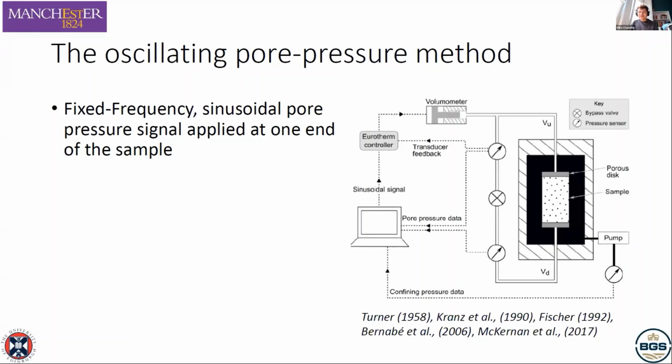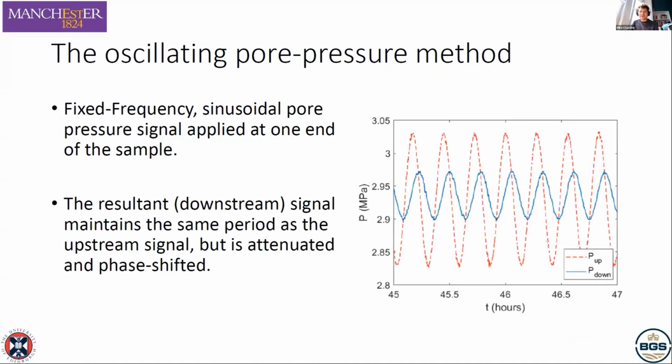Then I use a piston at this end to drive a sinusoidal signal in the pore pressure into this end of the rock, and I measure the pore pressure at the far end of the rock. And what you tend to get is a plot that looks something like this. So in the red is the pore pressure that I'm driving at one end of the rock, a sinusoid, in this case with a mean pressure of about 2.95 MPa.